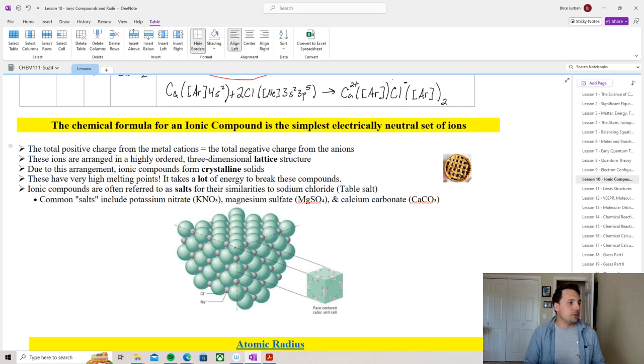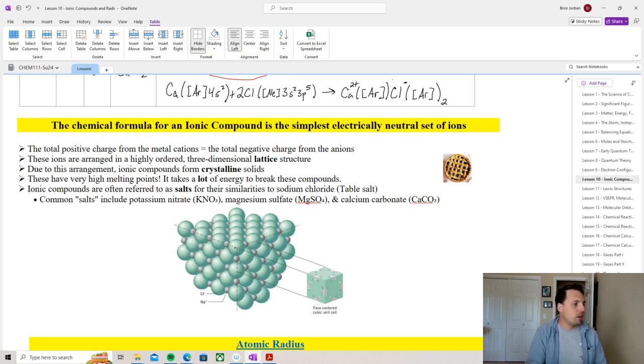Due to this arrangement, ionic compounds are always going to form crystalline solids. And they always will have high melting points and take a lot of energy to break. So ionic compounds are generally referred to as salts for their similarities to sodium chloride. Well, not all of them, but many of them are.